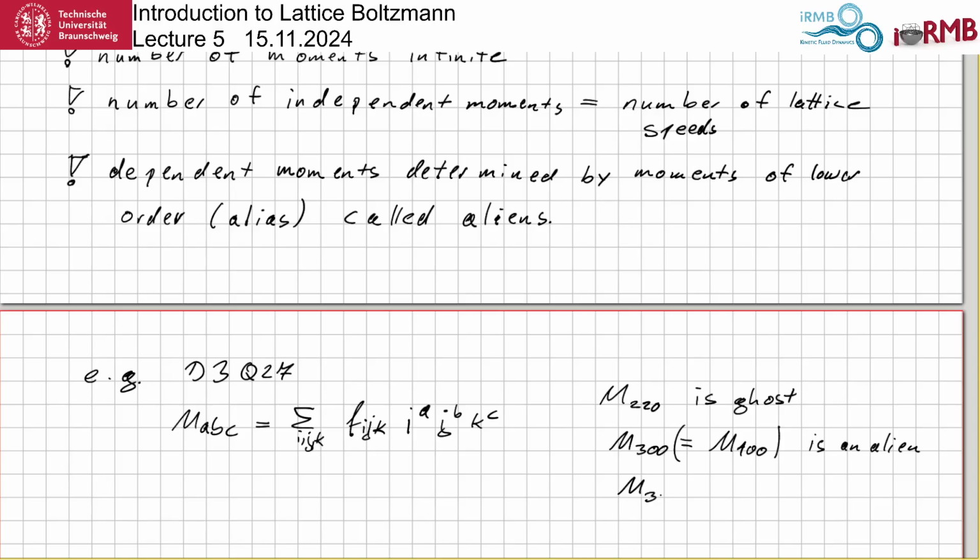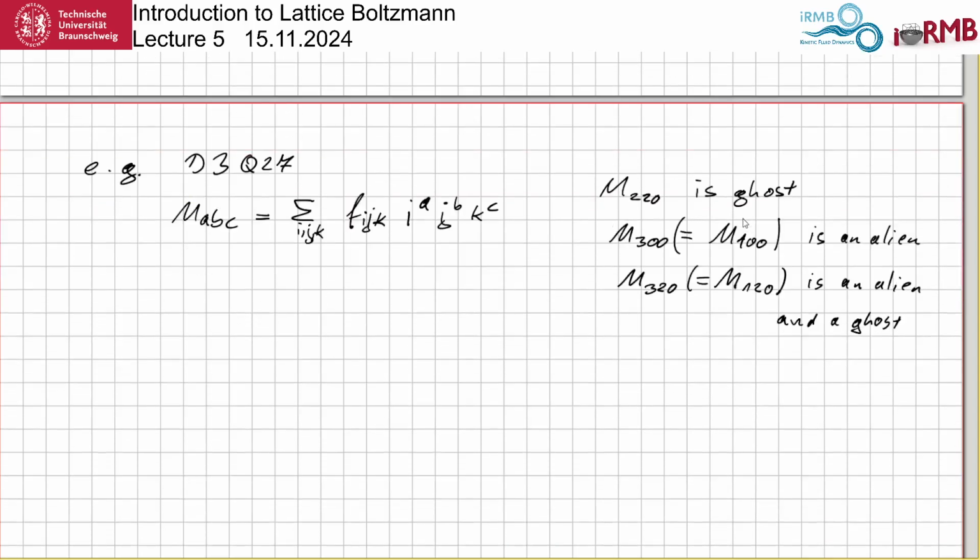The moment 3, 2, 1 is equal to M120. This is an alien and a ghost. Okay, just for the nomenclature.